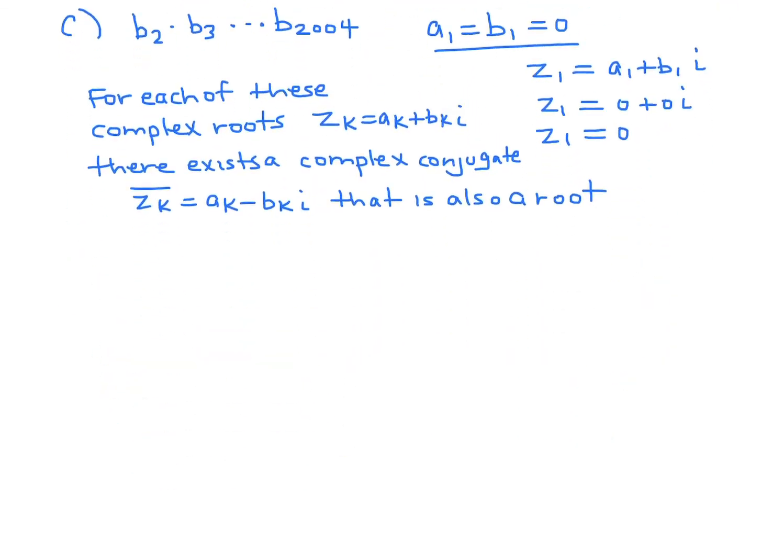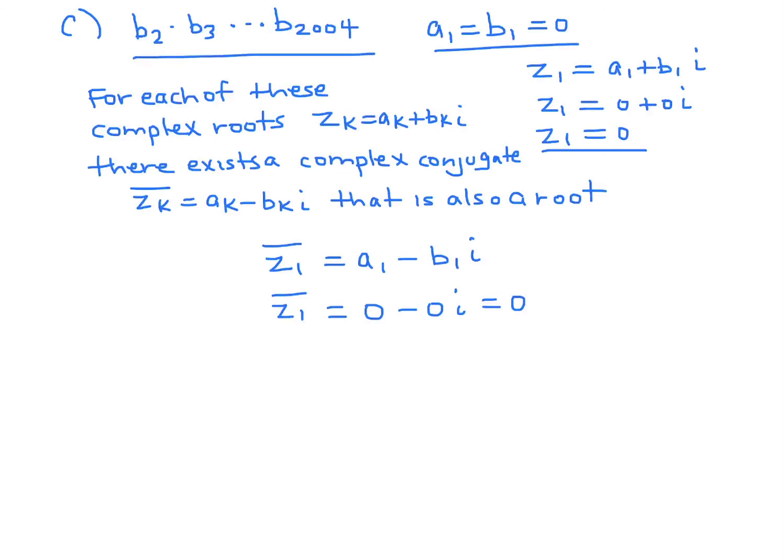All right? So that means for our Z1, there's a complex conjugate, A1 minus B1 i, and that's also a root. So A1 and B1 were both zeros, right? So that means Z1, the conjugate, is 0 minus 0i, which is also 0. So that means that at least one of all the other B's has to be a 0.